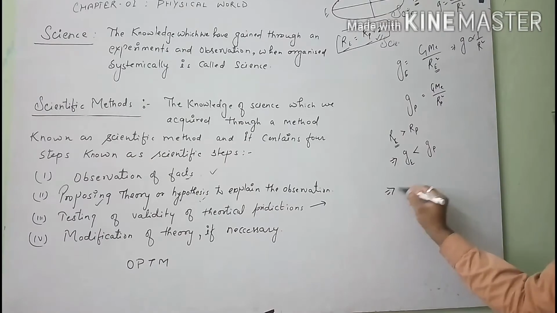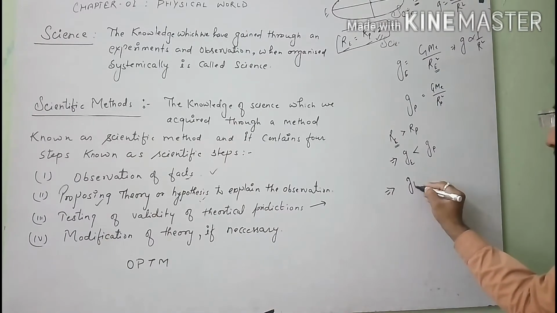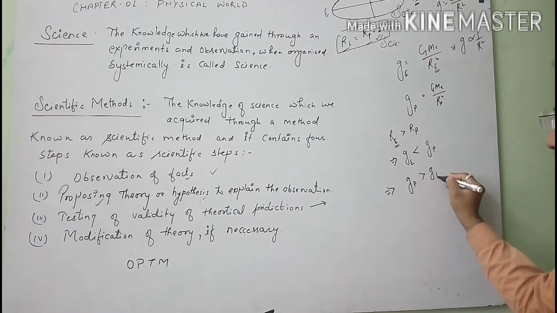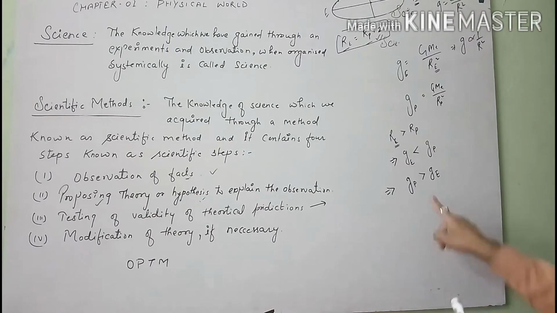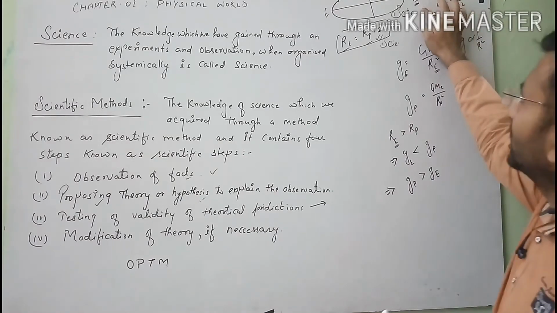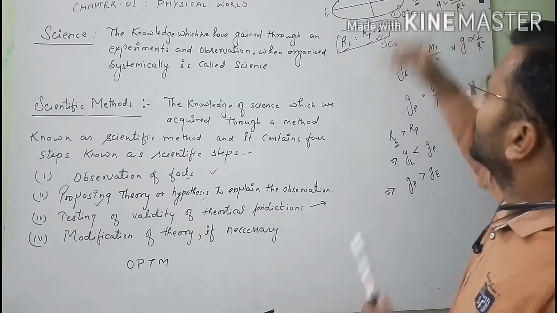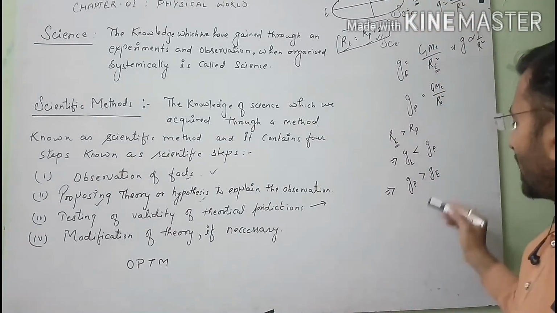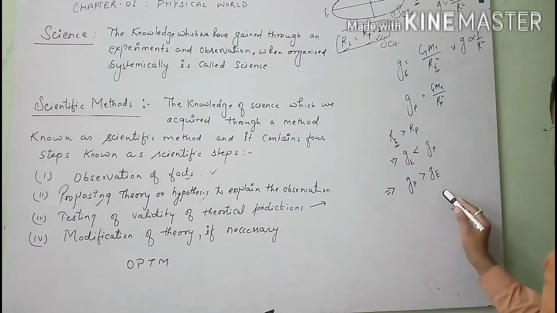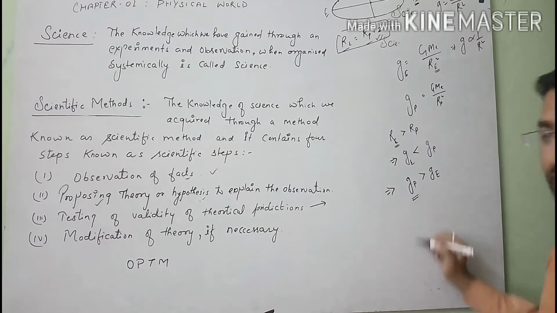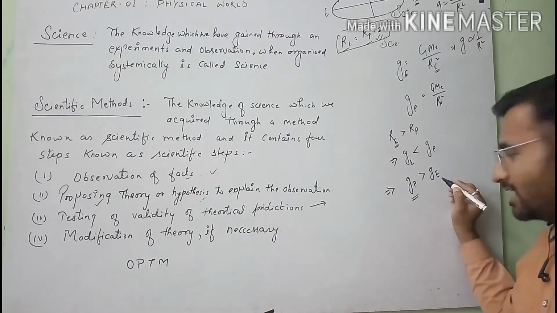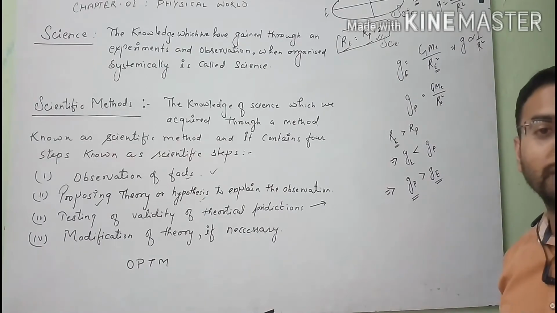It implies gp is greater than ge. It implies that when we move from equator to pole, the value of g increases, and at the pole the value of g is the greatest as compared to the equatorial point.